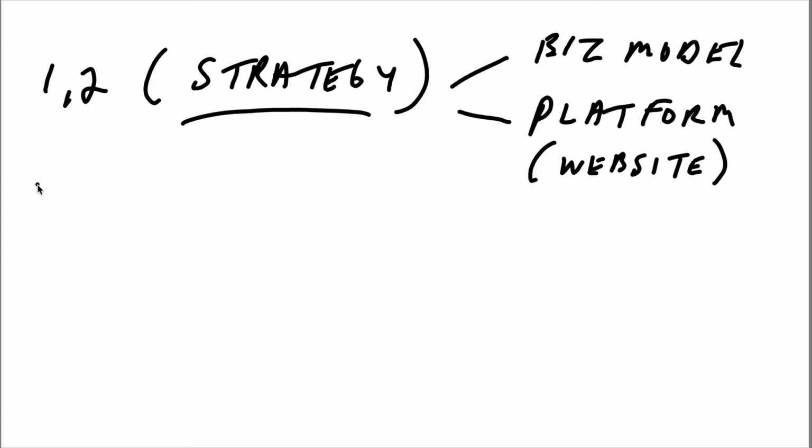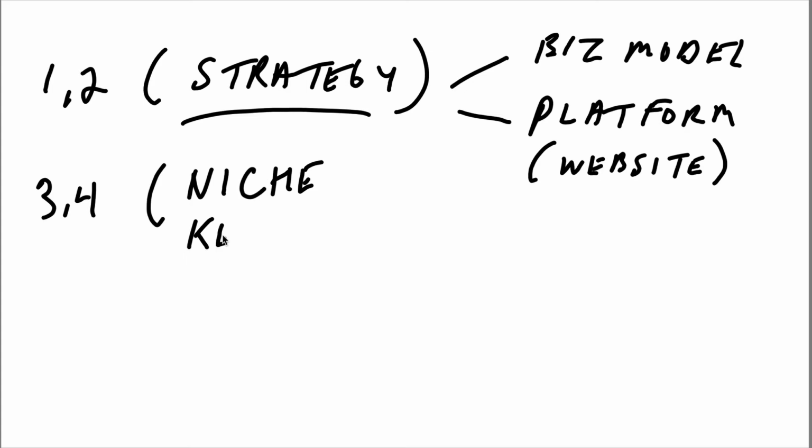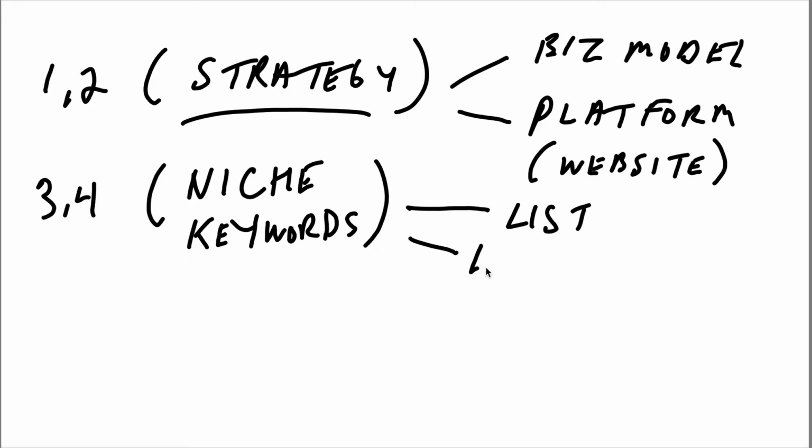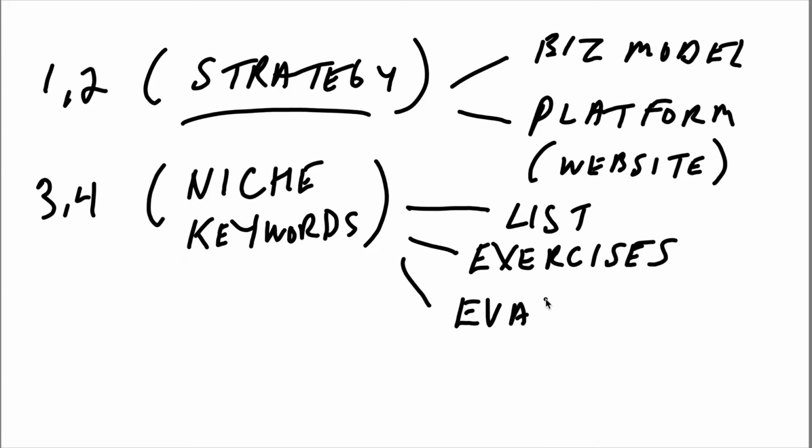And then in part 2, we went over steps 3 and 4, and that involved choosing your niche, so the topic of your business, and researching the keywords. So for choosing our niche, in the training below, the more advanced training, we have lists of niches that you can choose. We've got brainstorming exercises to help you find a niche. And then we really emphasized that it's important to evaluate the niche that you're going to choose before you go and do the steps that we're going to talk about in this video.